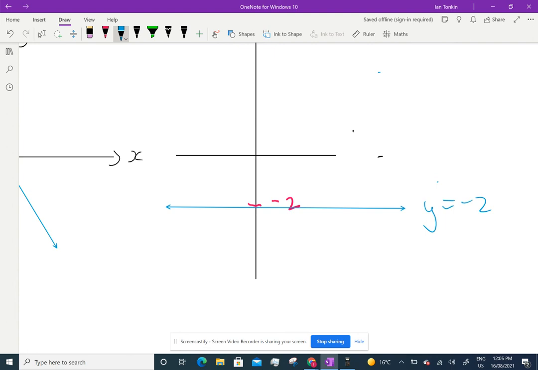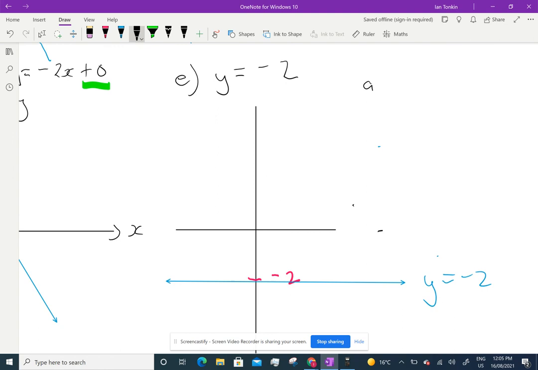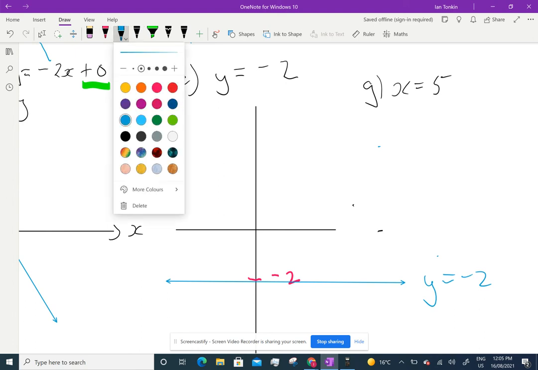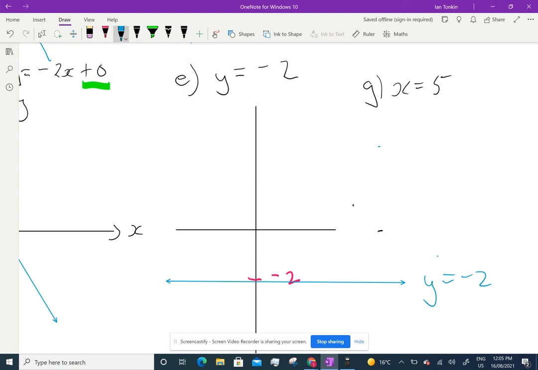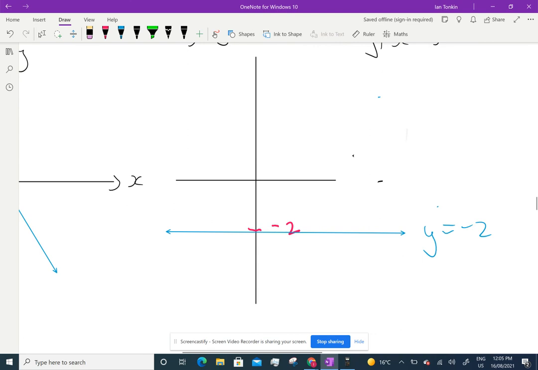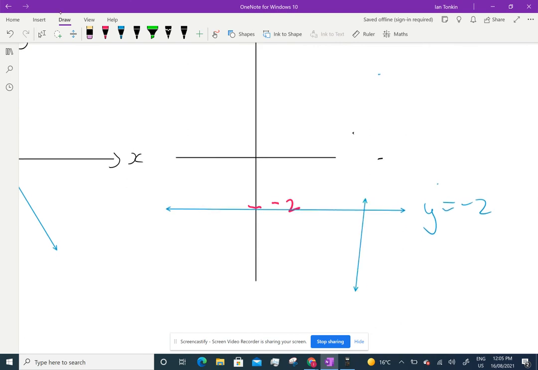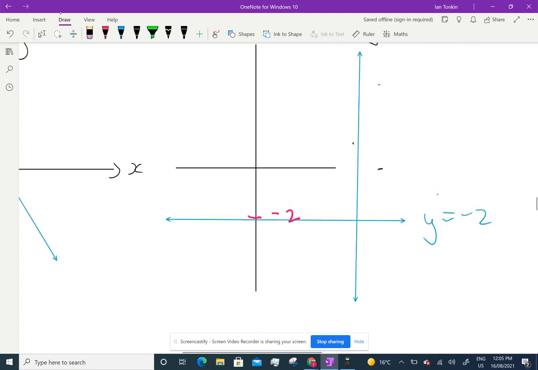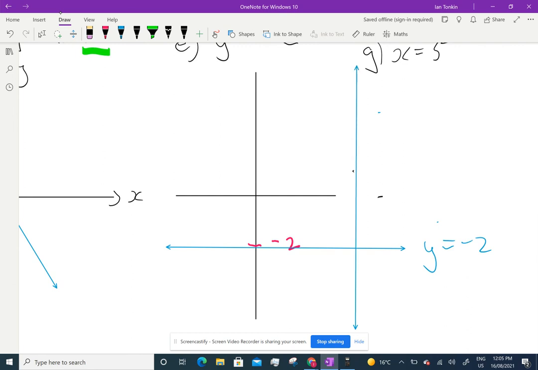Now, the next one is x equals 5. So x equals 5, well, I'm going to draw the line first this time so I don't stuff it up. It's positive, so let's say +5. It's along here somewhere. I'm going to draw that up. It's a straight line, straight up.